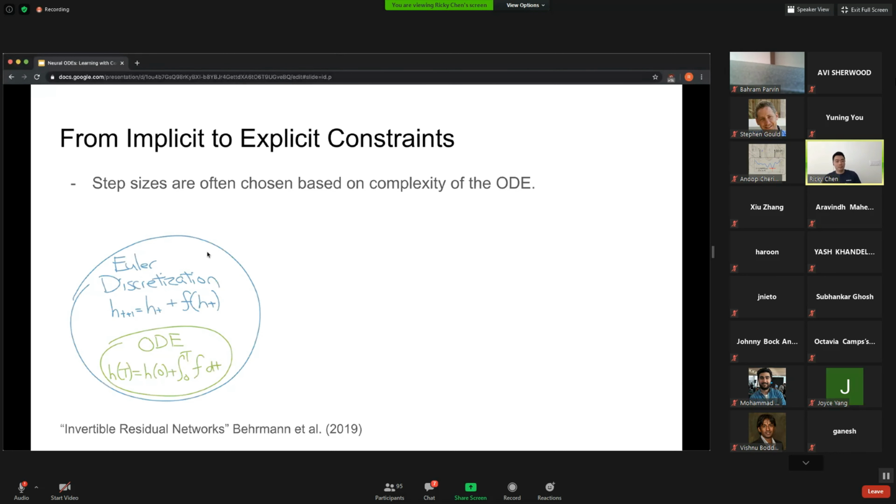So previously we discussed that because the function f can become arbitrarily complex during training, it's necessary to make use of an adaptive ODE solver that can adapt to the changing complexity of f. In practice, this usually amounts to choosing smaller and smaller step sizes as training goes on. Now, it turns out that if we explicitly constrain the set of functions that f can learn, then we can actually get away with using large fixed step sizes.